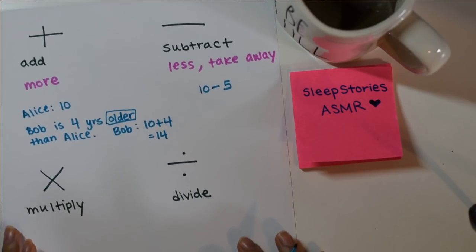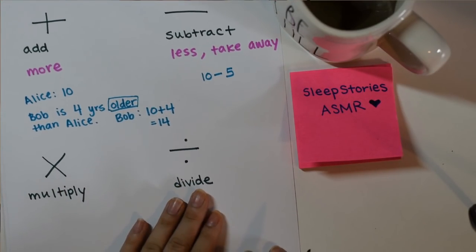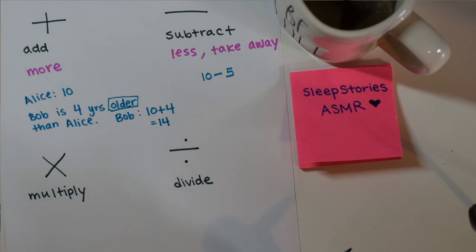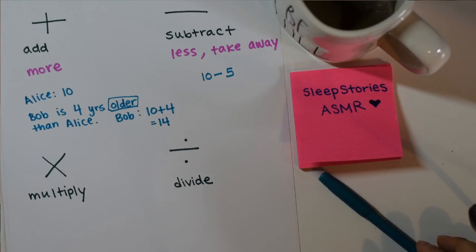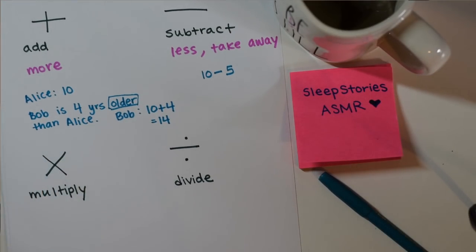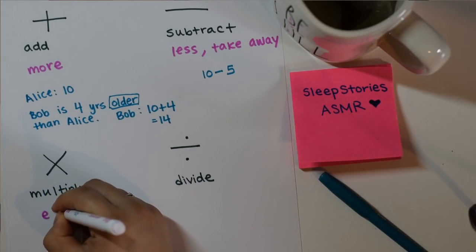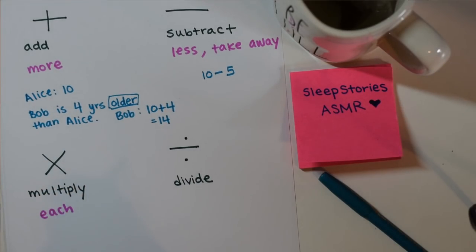And for multiply and divide, they also kind of go hand in hand. The way that I think of it is multiplying is, it's kind of a weird way to say it, but it's like each. But I have to clarify what I mean by that.